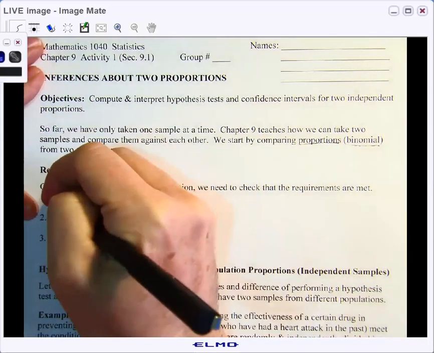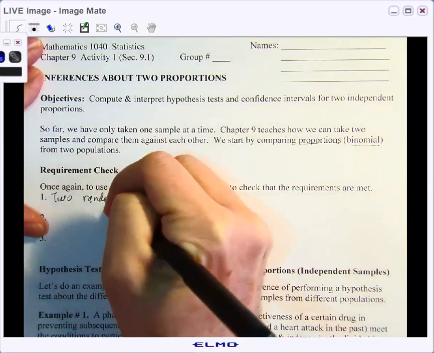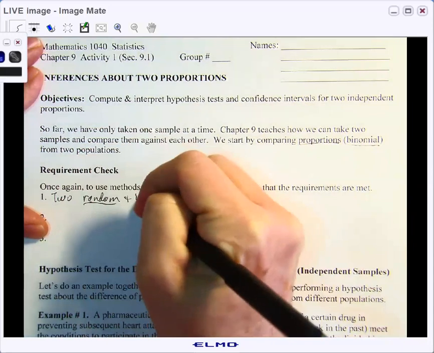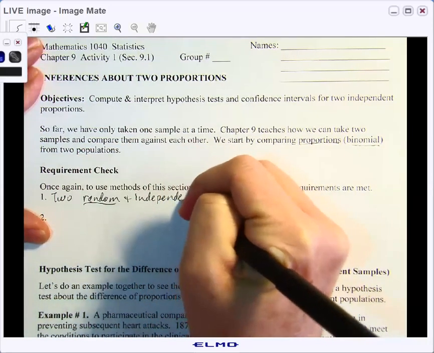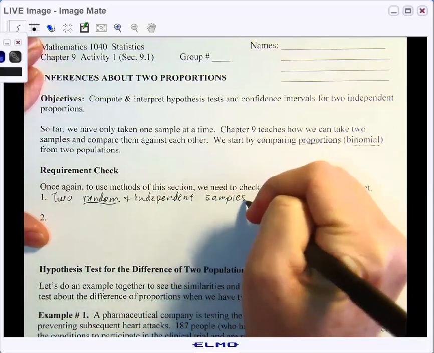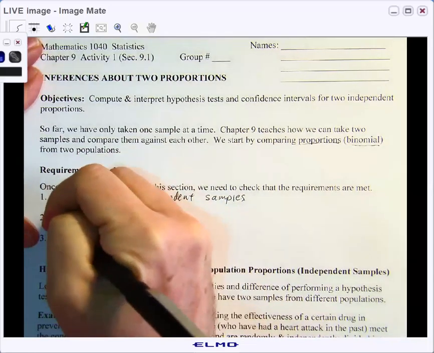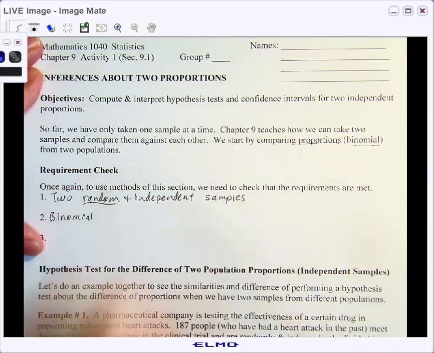The first is that we have to have two random and independent samples. Second is that we need to be a binomial. And we've done this many, many times.